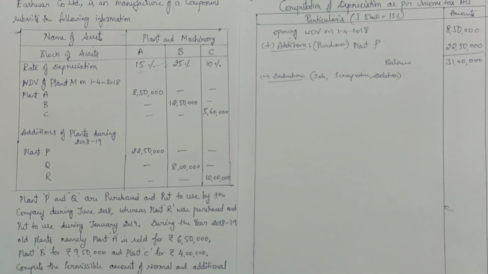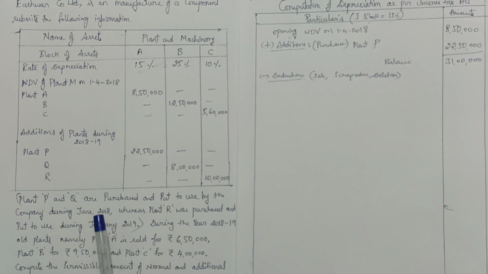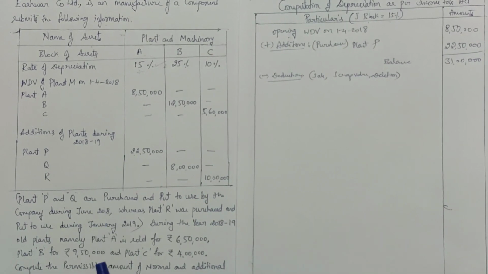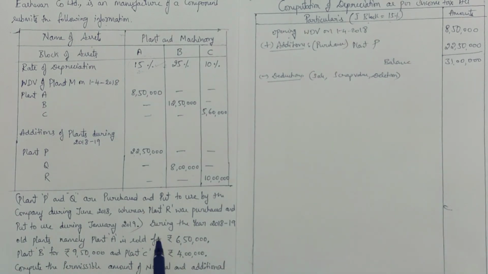We'll see here: plant P and Q are purchased and put to use by the company during June 2018, whereas plant R was purchased and put to use during January 2016, right? This adjustment, what they have given in the sentence here, we need to consider while calculating depreciation. There we need to check whether they have used it for more than 180 days or less than 180 days. So this adjustment we will see later after deducting these values. Okay, so now we'll continue the adjustments.